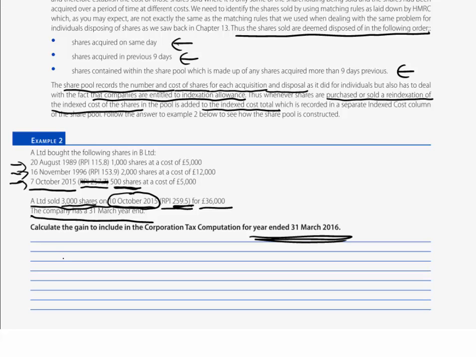So what do we do? First part of this disposal, those acquired within the previous 9 days. We will then show our calculation of the gain. The sales proceeds: this is the only working that you've got to do. We are selling 500 shares out of the total of 3,000 shares sold on this day, the 10th of October 15. 500 over 3,000 times what did we sell them all for? £36,000.